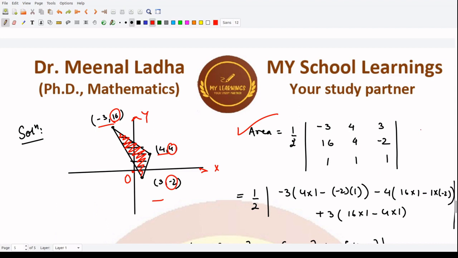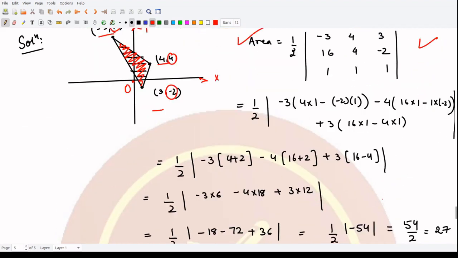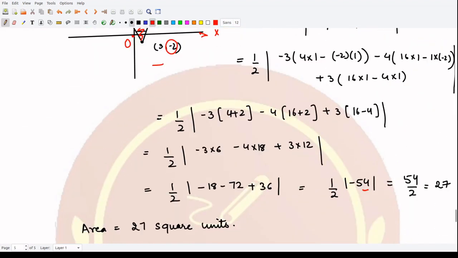Now you have to expand this determinant and solve it. When you solve it, you see your value comes out to be minus 54. However, we wanted to just take the positive value. Why positive value? Because it is the area. And can area be negative? No, it cannot be negative. So we have our answer as 27 square units, right?